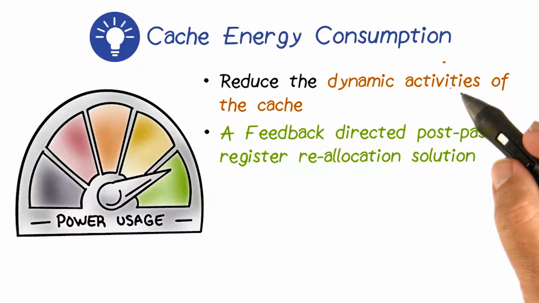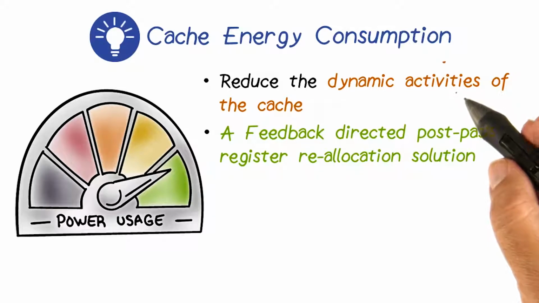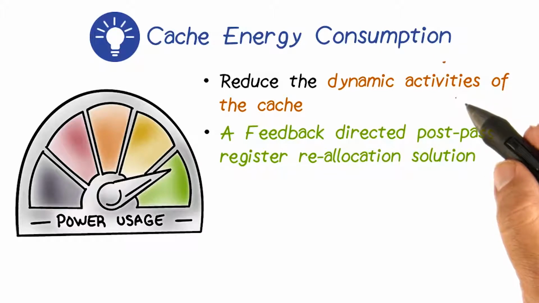So in this piece of work that we are going to see here, we are going to use a feedback-directed post-pass register reallocation solution. What does that mean? A post-pass means we have register allocation already done, but it is not really geared towards solving this particular problem.